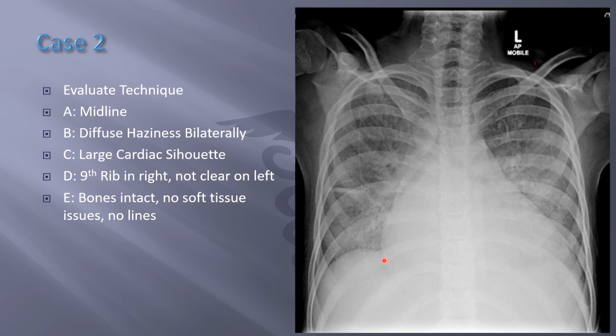B is our lung fields. So I'm looking at the lung field and I'm seeing there's definitely a harsher look to the lung markings. They're a little bit more bold, thicker, and they're bilateral. And you kind of see this thickening part here. It's kind of curly B lines. You'll hear that with some pulmonary edema.